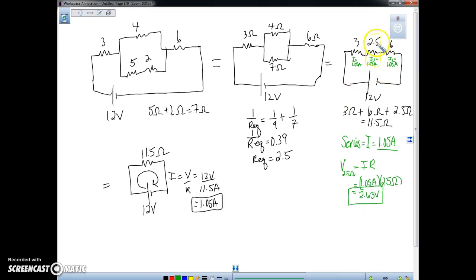Okay. Remember, this one was originally a parallel, which means the parallel has the same voltage. Which means the voltage here, which I just calculated, 2.63 volts, is the same for both of these, 2.63 volts. Now once again, I want this part of our circuit. Although I could find information, I'm going to ignore it.